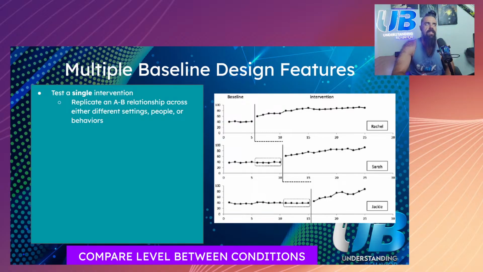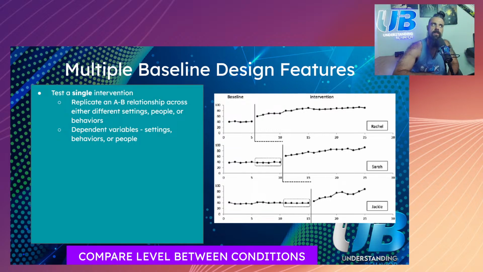What a multiple baseline does is that we show these A-B relationships across either different settings, people, or behaviors. These different settings, people, or behaviors are going to be different dependent variables. So we're looking at the behavior of different people. Those are different DVs, for example. So a lot of people miss that connection. The settings, people, behaviors, these are DVs.